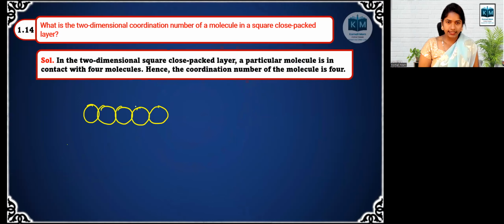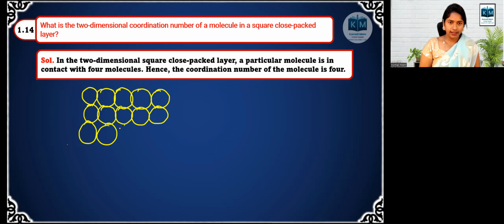Exactly on top of the sphere, in the same line, you draw another, like this, one layer. Now take any one atom. This atom is surrounded by 4 other atoms.